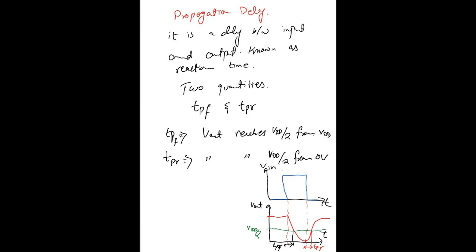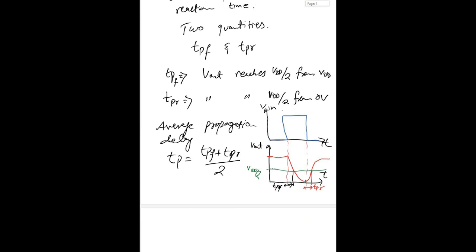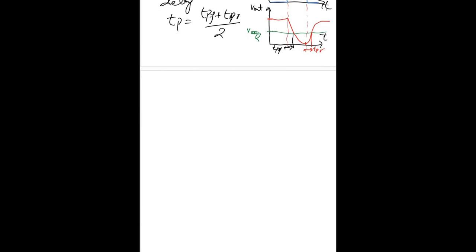So the average propagation delay can be written as TP equal to TPF plus TPR divided by 2. We can average these two quantities and find the average propagation delay.